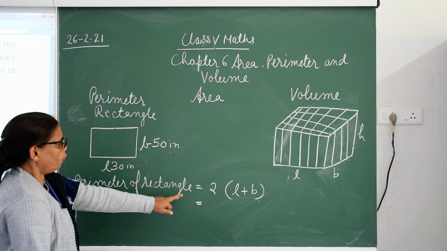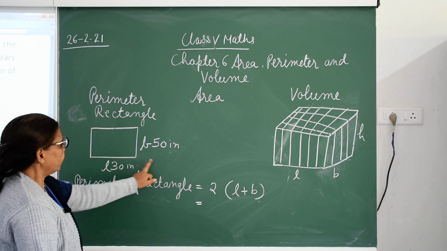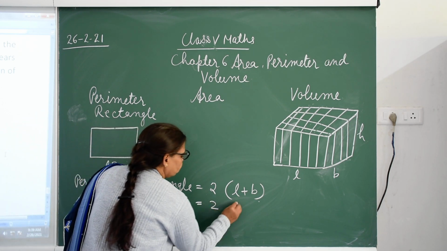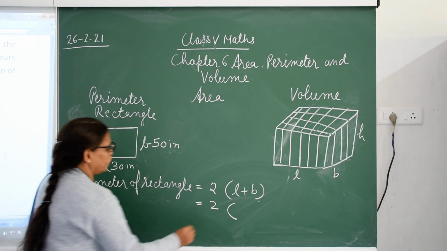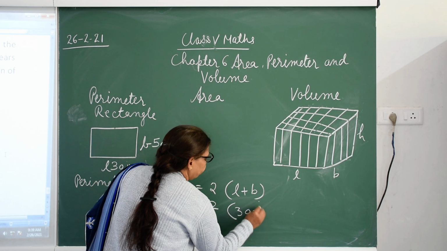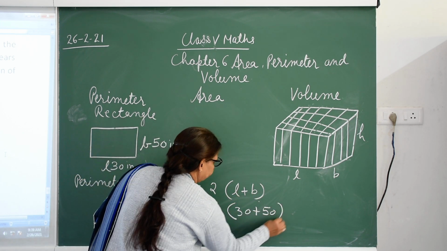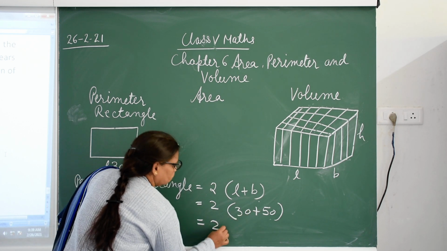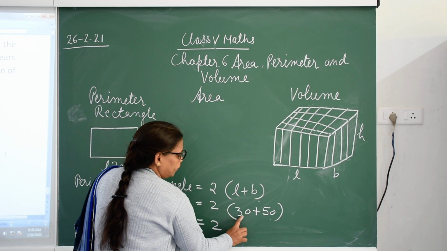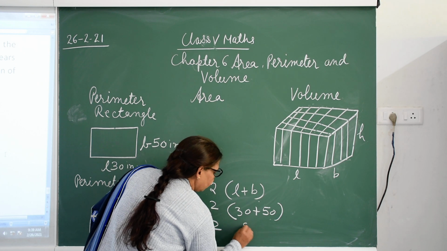According to the formula, put the value of this length and breadth. So 2 times length, how much length is 30 and breadth 50. So 30 plus 50, 80.